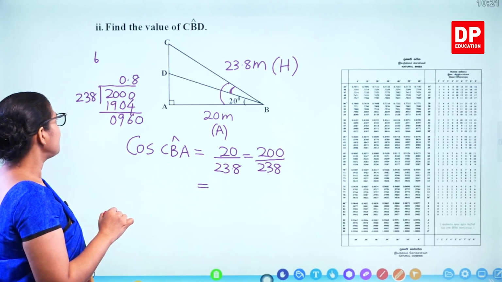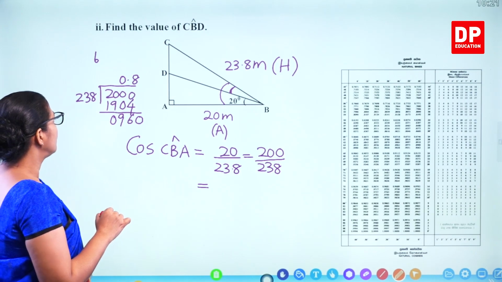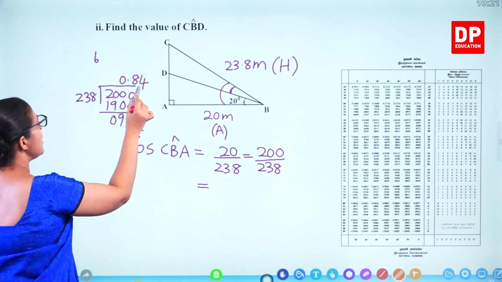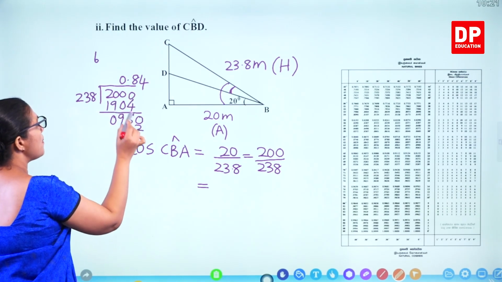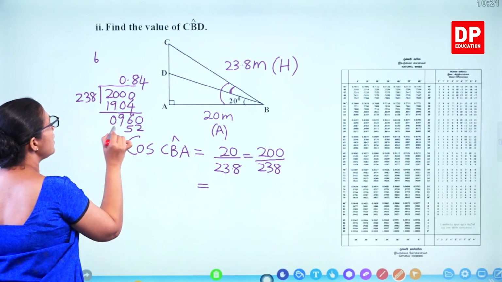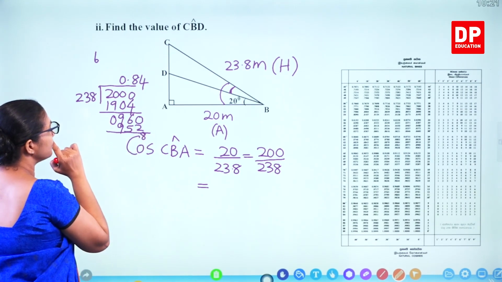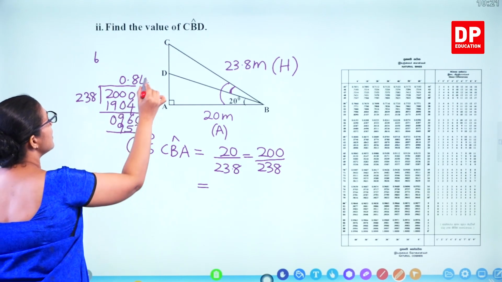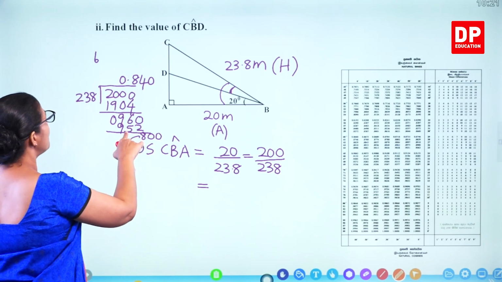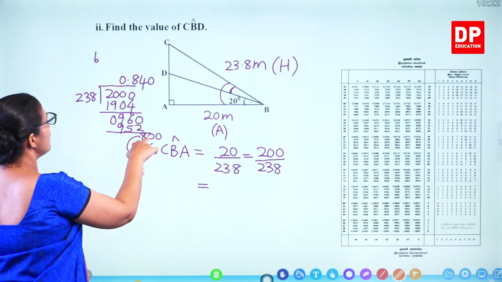What's the value? 4. 4 times 8, 32. 3 remaining. 4 times 3, 12 plus 3, 15. 1 remaining. 4 times 2, 8 plus 1, 9. Then you get 8. For 80, that's nothing. For 800, how many? So 3, because 4 is 952. So 3.